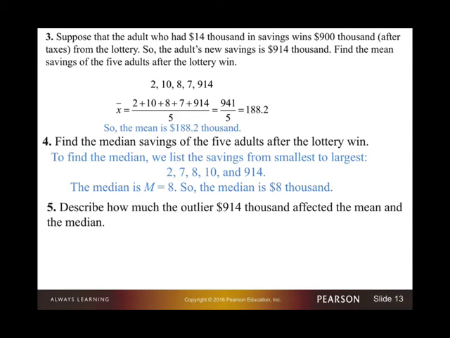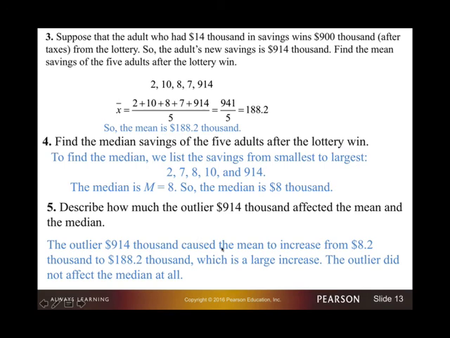And that is a really large increase. And you could see the mean is affected by the outlier. We increase from 8.2 thousand to 188.2 thousand. So we know that the mean is affected by the outlier.